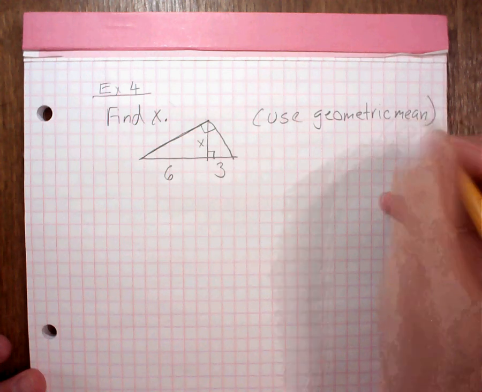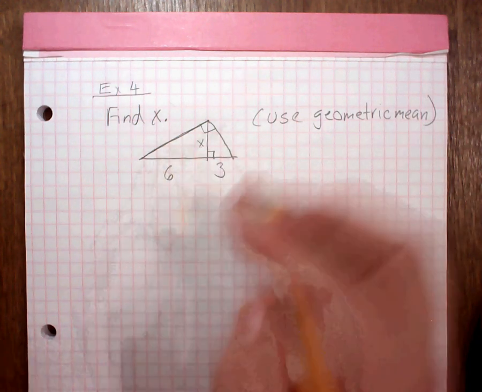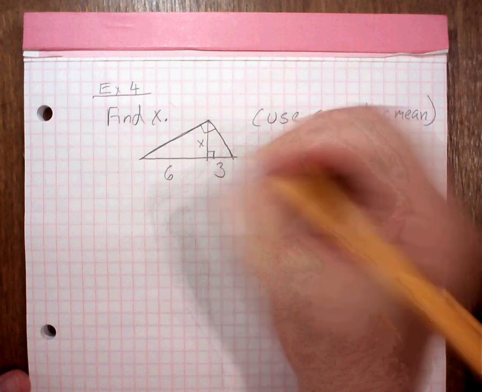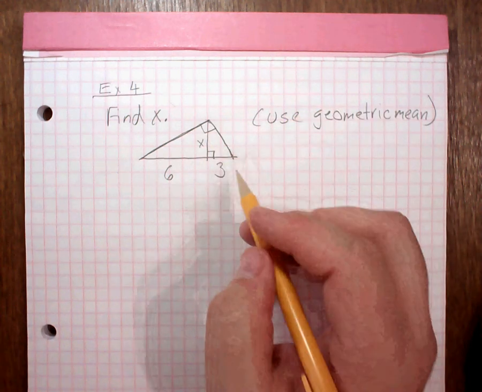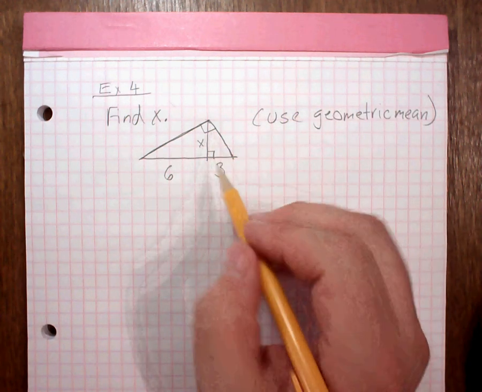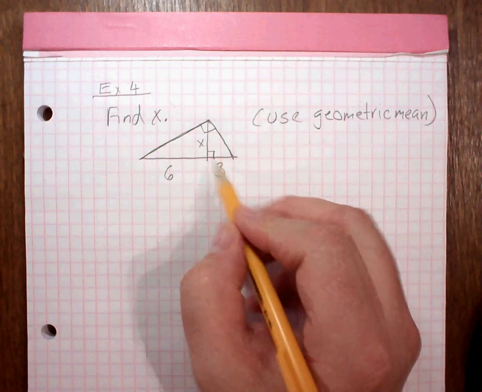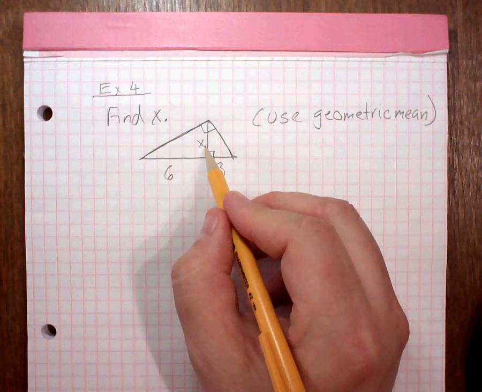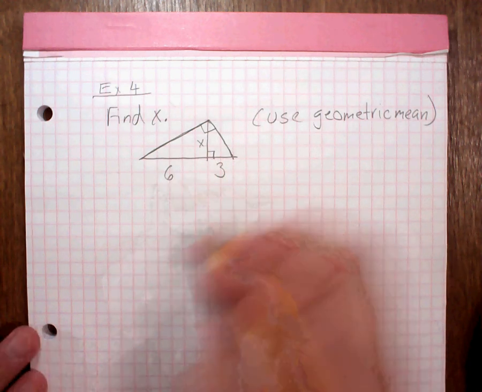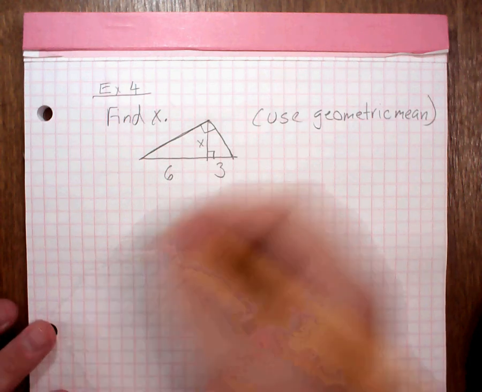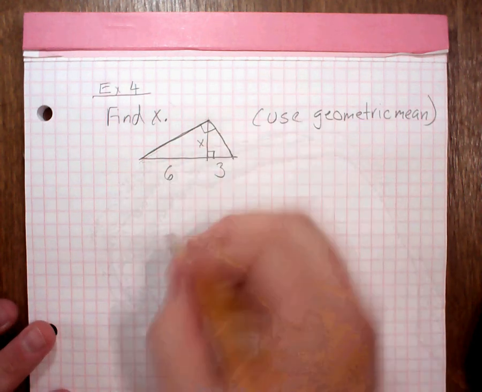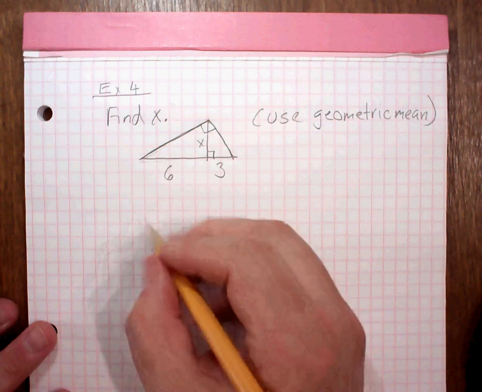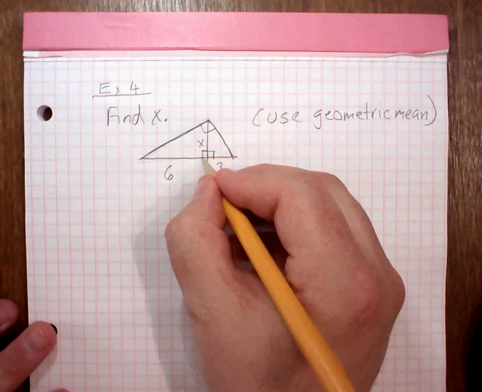Now you could go through and find x by setting everything up, like we did before. You would say that 3 and x are proportional to x times, well, let me just draw it and so you'll see it. So I've got this big triangle, right? So that big triangle, if this is 90 degrees, then this is 90 degrees.